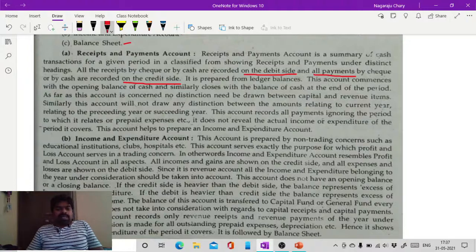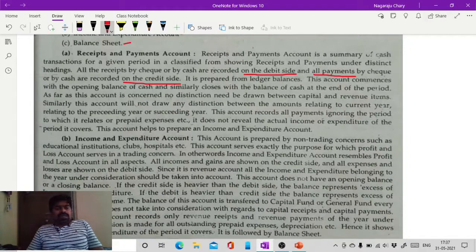If we are receiving an amount, you record it on the debit side. When we are paying, you record it on the payment side.